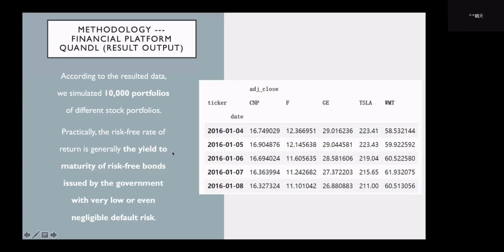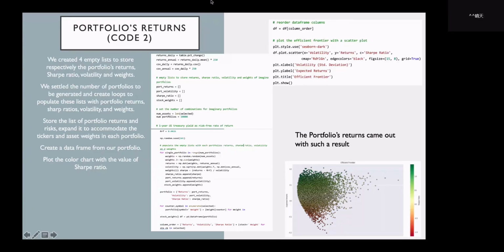Practically, the risk-free rate of return is generally the yield to maturity of risk-free bonds issued by the government with very low or even negligible default risk here. As mentioned on the last page, we choose to use the 1-year US Treasury yield as the risk-free rate of return.